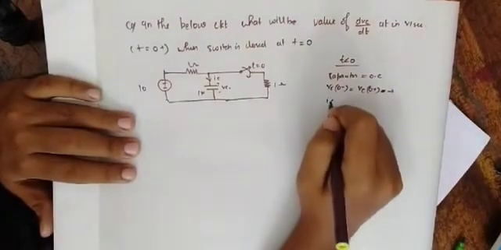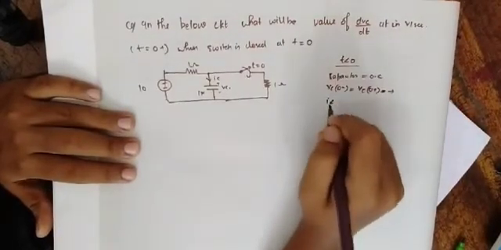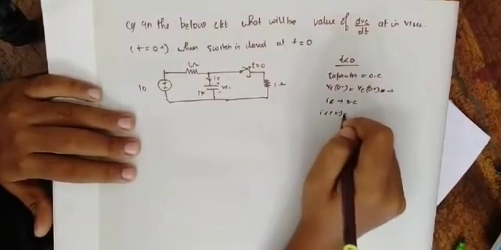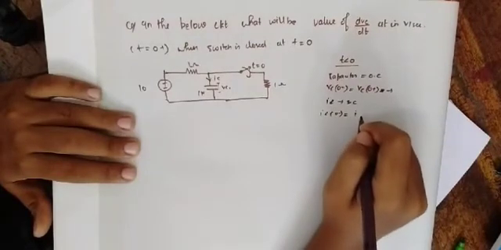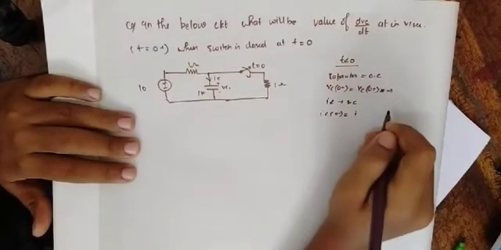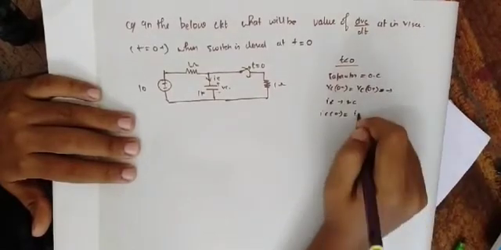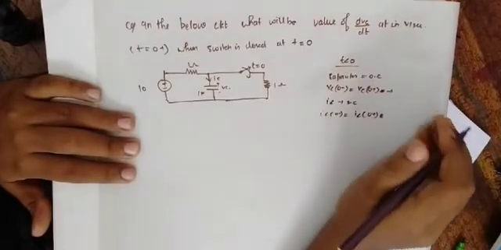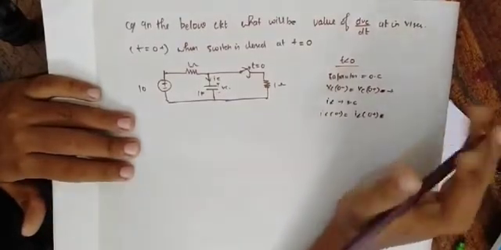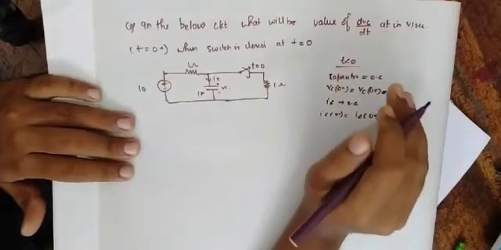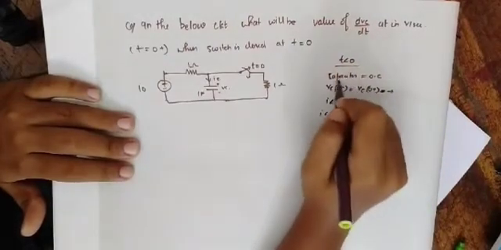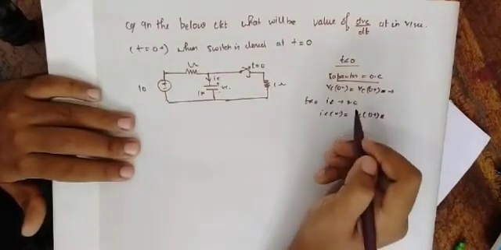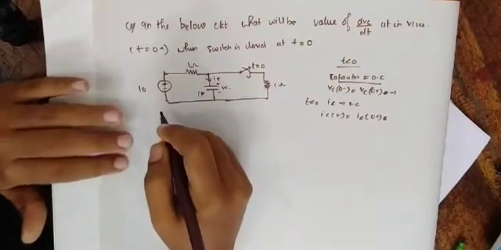As well as for inductor, for t less than 0, inductor will act as short circuit, and IL of 0 minus, that is inductor current before the switch is closed or opened, whatever the case may be, and IL of 0 plus will be the same, because inductor will not allow sudden change in current. So please keep this in mind. For t less than 0, capacitor will act as open circuit, and for t less than 0, inductor will act as short circuit.